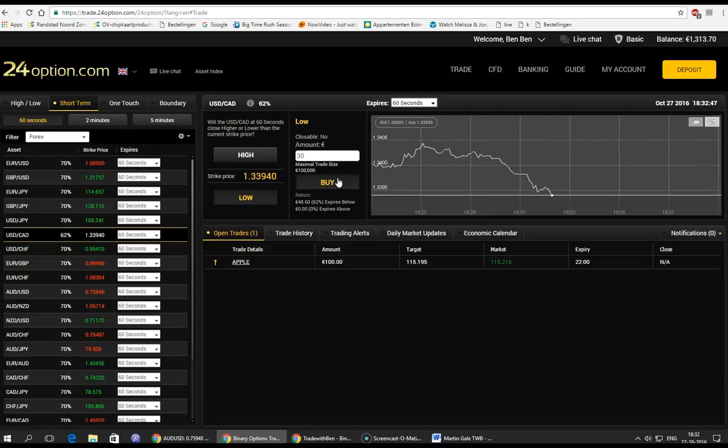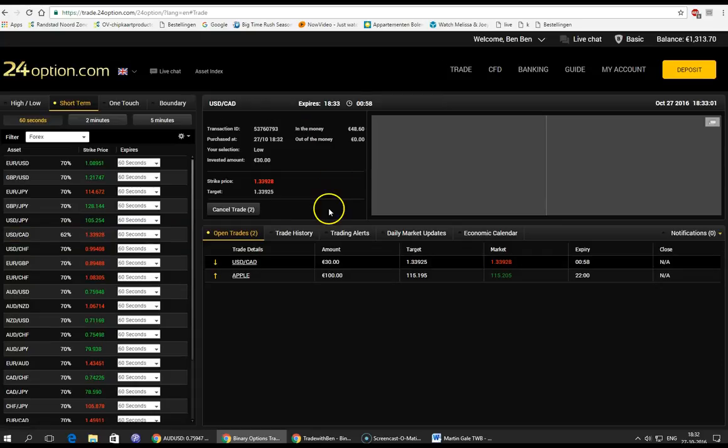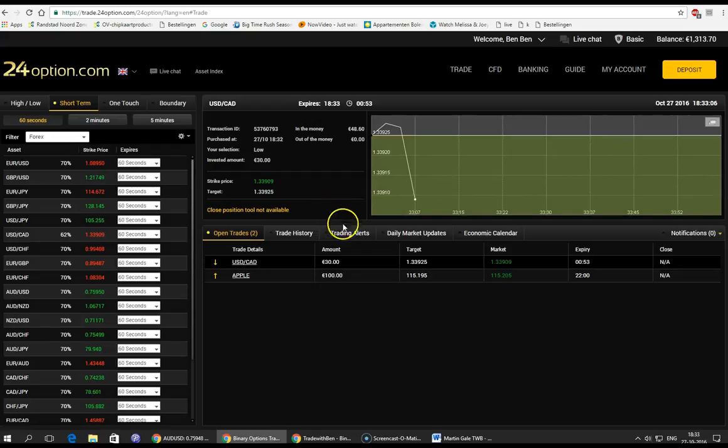So yeah, it's going down. 35. Okay, guys, go with this one with the downtrend, and let's see what it's going to do. US dollar, Canadian dollar.